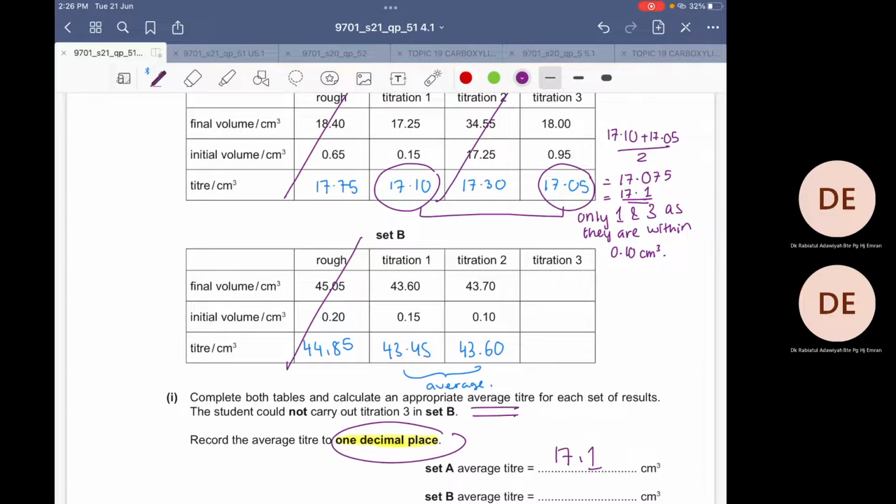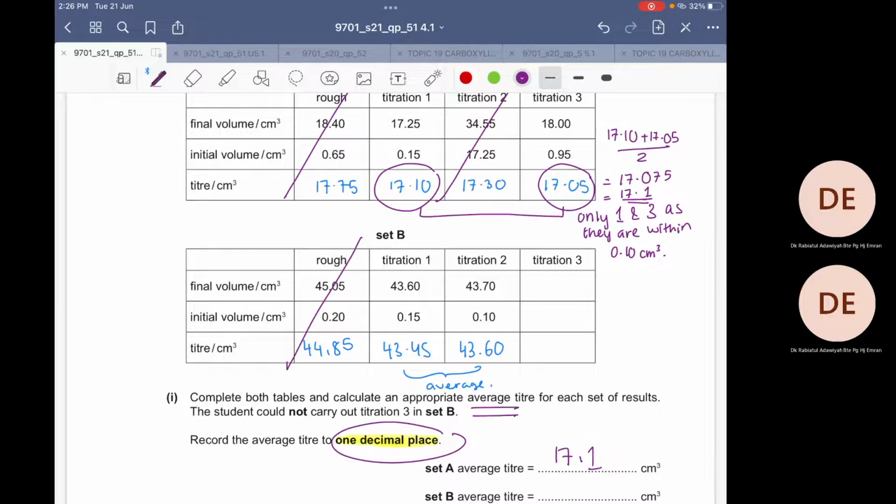For set B, you only have two titers. You have no choice. Okay? And you cannot use only one. The titer value must be an average of at least two numbers.